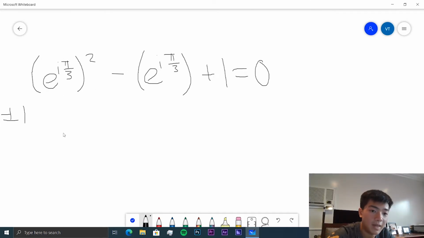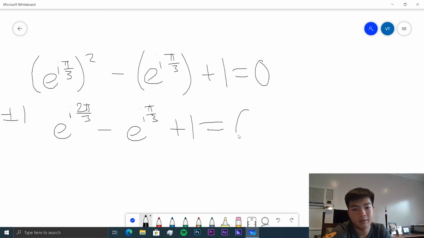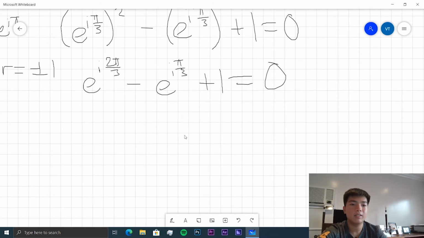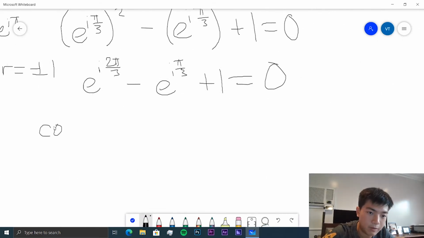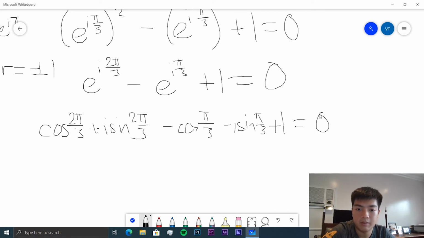So over here we have e to the 2i pi over 3 minus e to the i pi over 3 plus 1 is equal to 0. We need to prove this, and we can do this by converting it back into trigonometric form. So we have cosine 2 pi over 3 plus i sine 2 pi over 3 minus cosine pi over 3 minus i sine pi over 3 plus 1 is equal to 0.